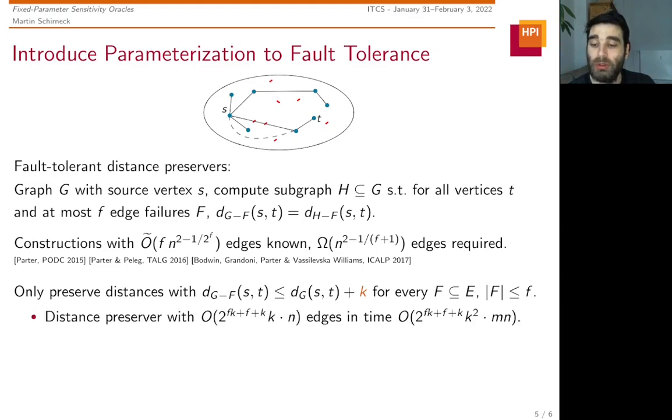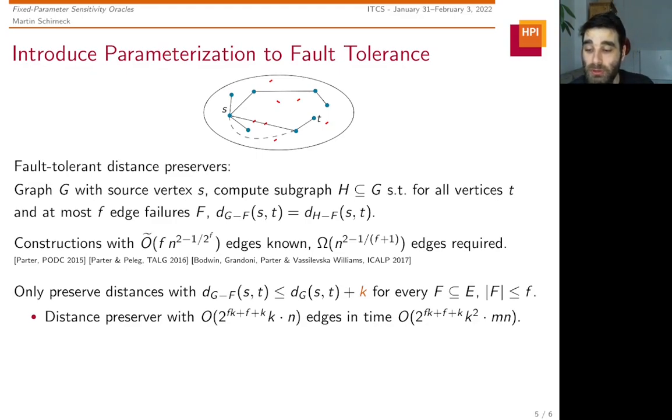Then we showed that you can obtain distance preservers with some function of f and k times a linear number of edges. So indeed, especially for small values of f and k, we can significantly improve above the lower bound by relaxing the objective to only those distances that don't get disturbed by too much.